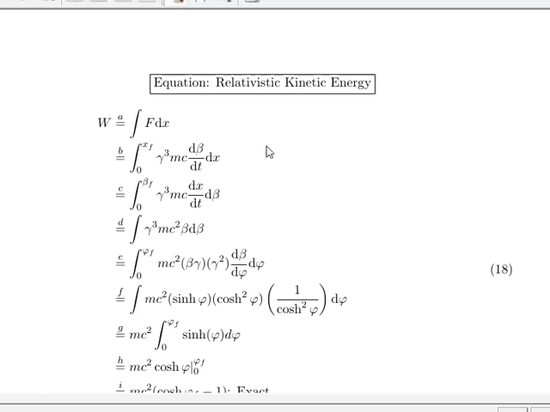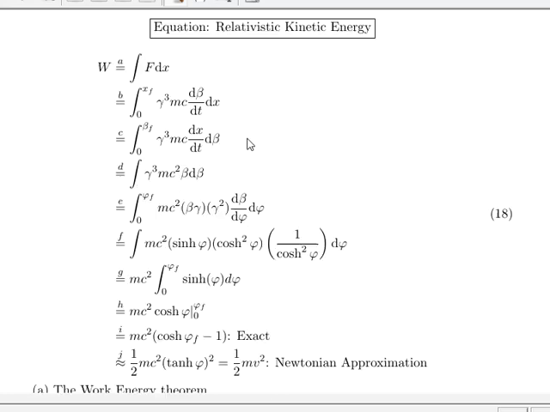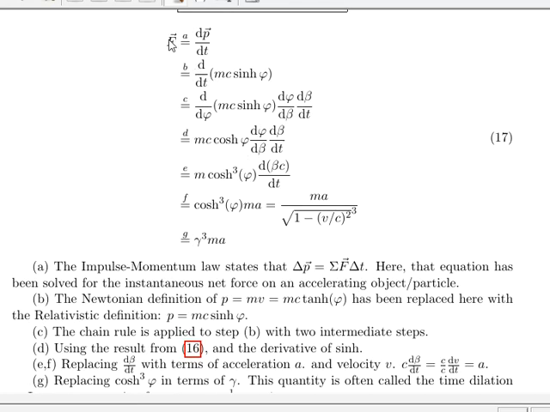We also assumed work equals force times distance. That didn't change. There's no change in work equals force times distance. It just came out to be a different quantity down here, because when we plugged in force, and that was another thing we used, force equals del P del T.